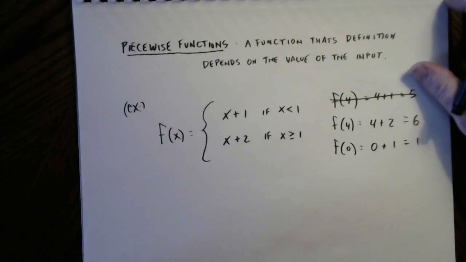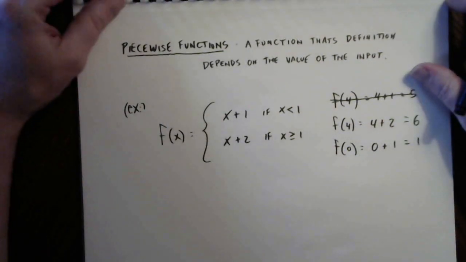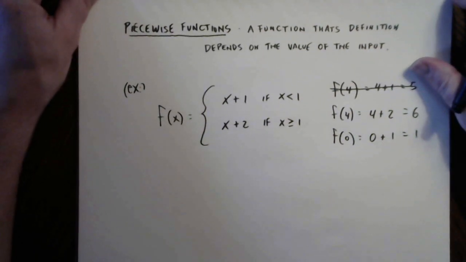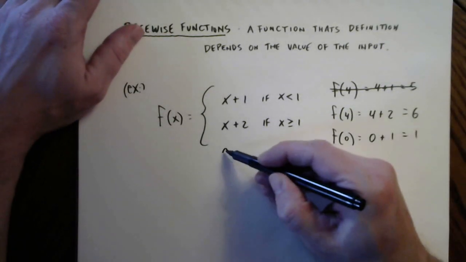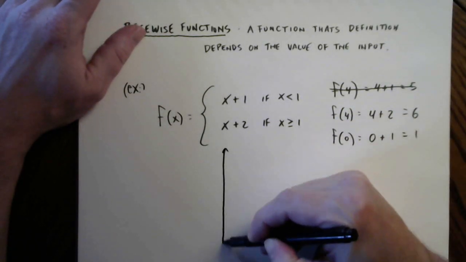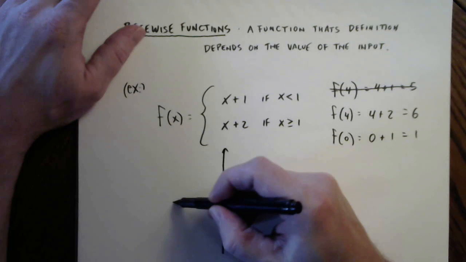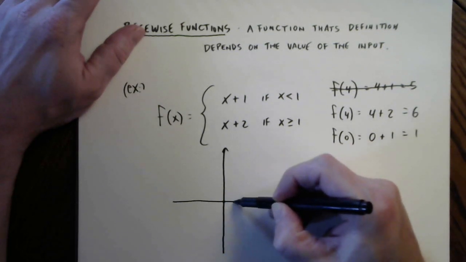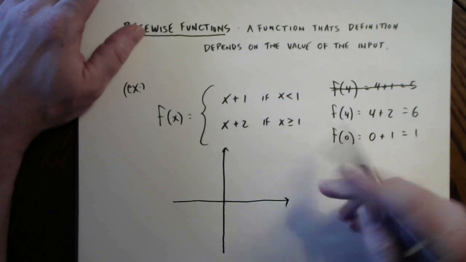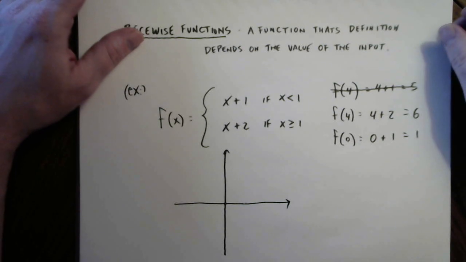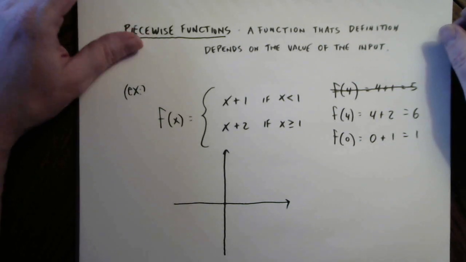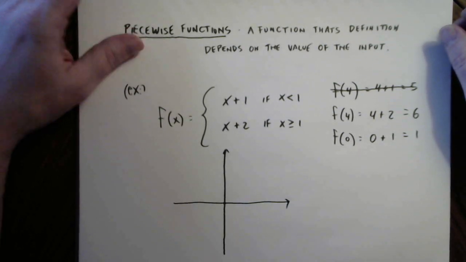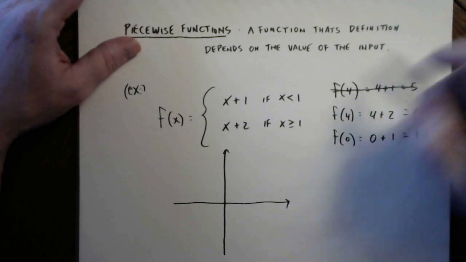So the evaluation shouldn't be a big deal. What sometimes people struggle with a little bit is the graphing part of this. So if I wanted to graph this, there are different approaches, but here's how I'm going to do it.